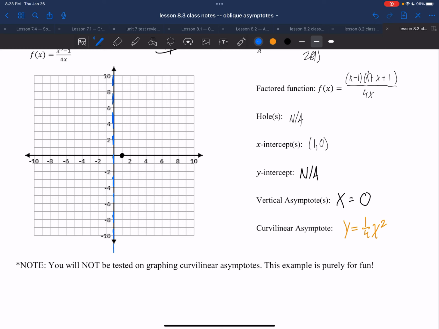So I'm going to make a quick little table here, x and y. I'm going to plug in some stuff. Negative 2 squared is 4, 4 times 1/4 is 1.